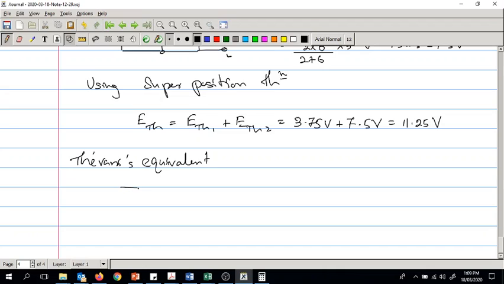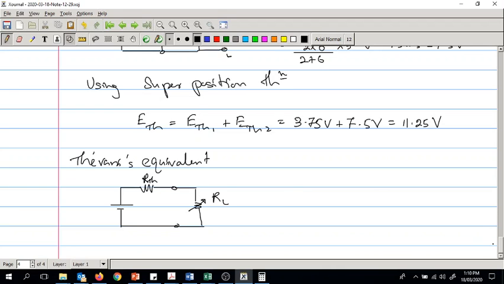we have a source and we have a resistance. The source is ETH, the resistance is RTH, and we have a load RL, which is actually variable.